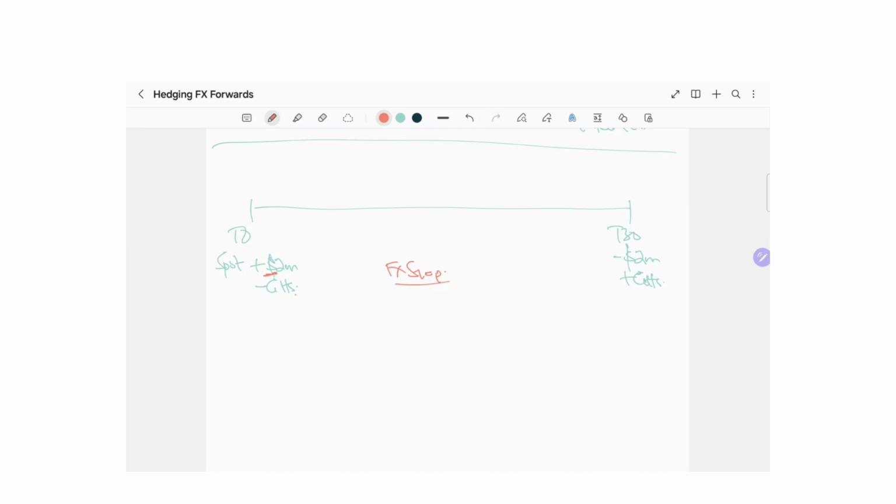So using the swap, via FX swap, let me just put here. The first leg, that's the spot leg. We sell, because we don't need this 2 million today.